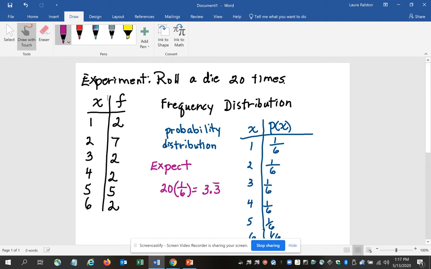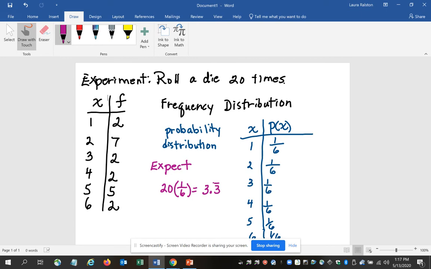So I should expect, when I roll a die 20 times, between 3 to 4 ones, or I should expect to roll the number 2 3 to 4 times, 3.3. So that's why I'm saying 3 to 4 times.